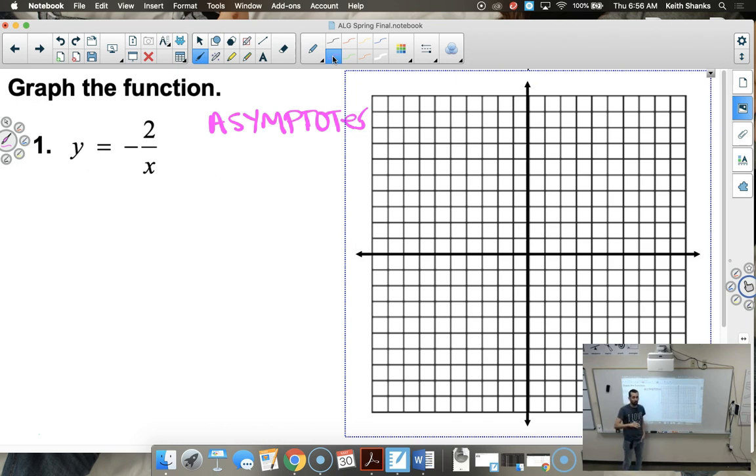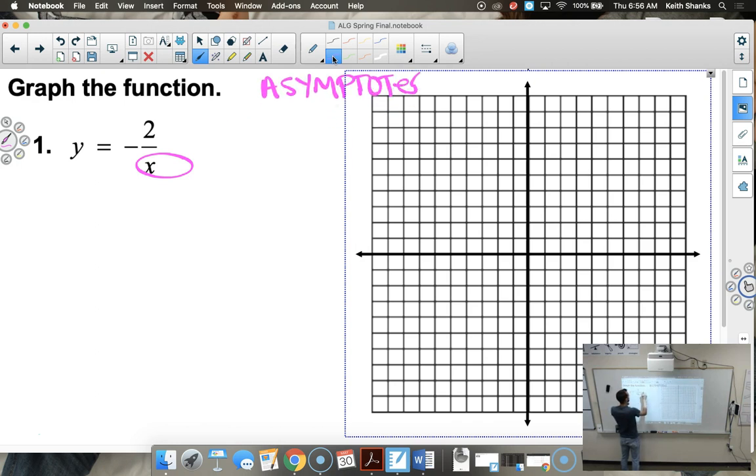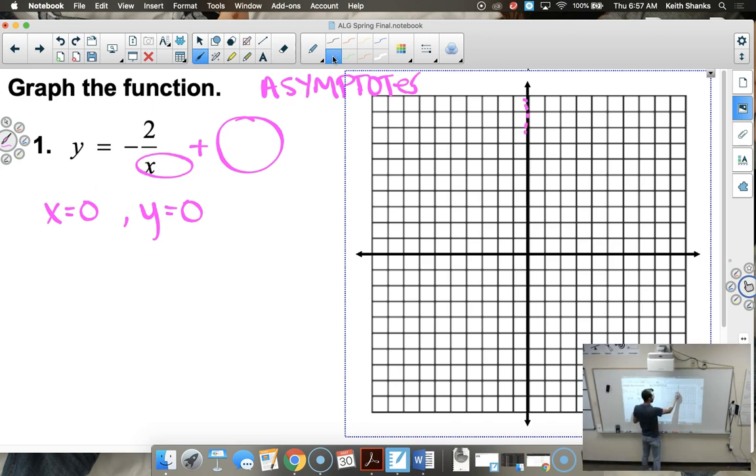They're horizontal and vertical lines, found by thinking of what number is on the bottom of your fraction, and what number is added or subtracted here. In this case, since there's no number in either one of those places, my asymptotes are x equals 0 and y equals 0. And I would always start by putting those in my problem.